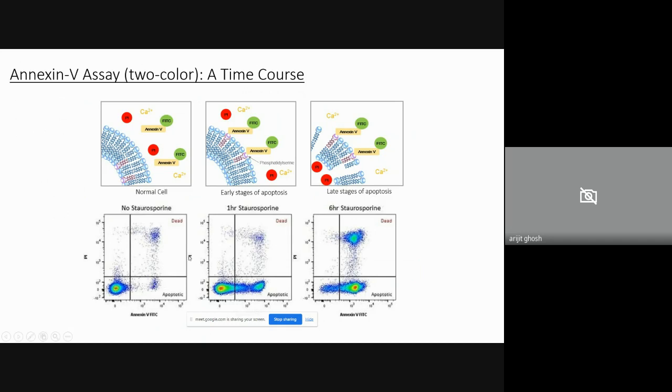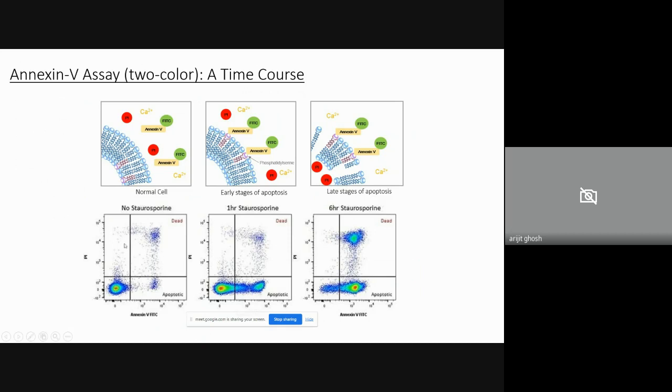In late apoptosis, there are pores in the cell membrane, so PI can also enter, and annexin 5 can also bind to the phosphatidylserine. So both are expressed in the late apoptotic phase.